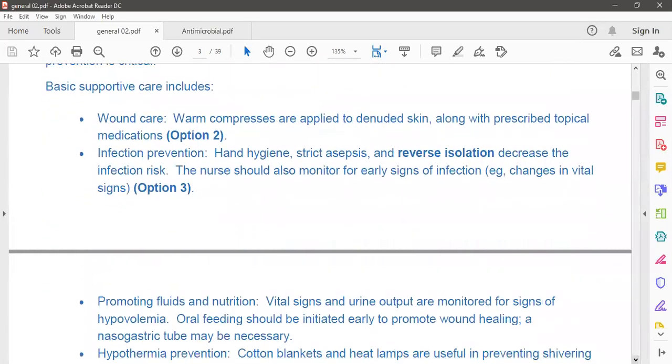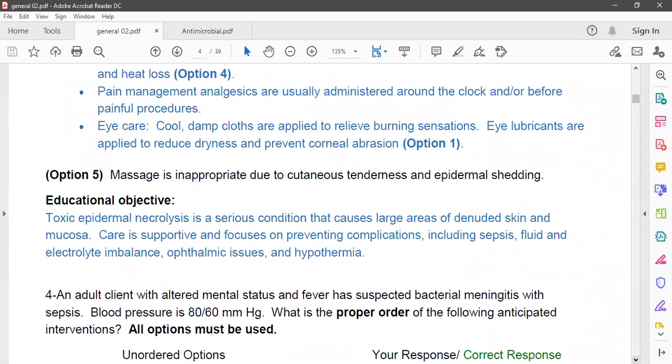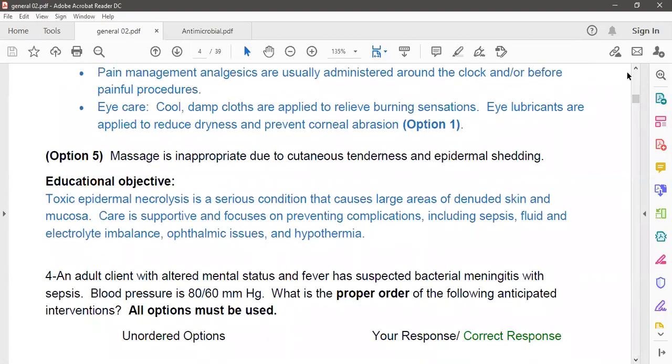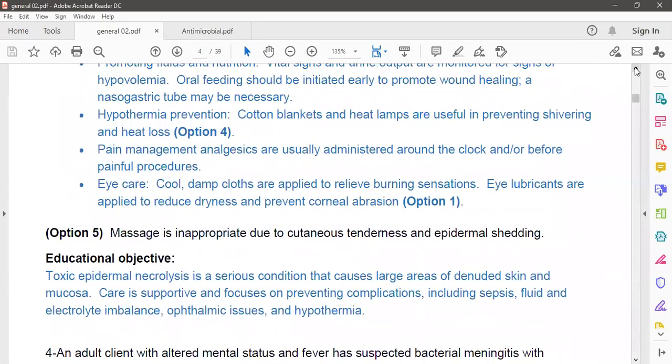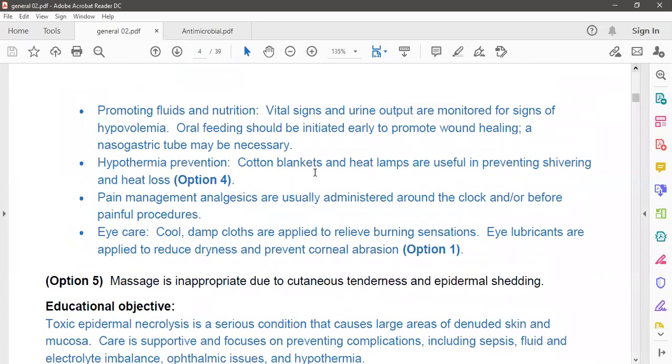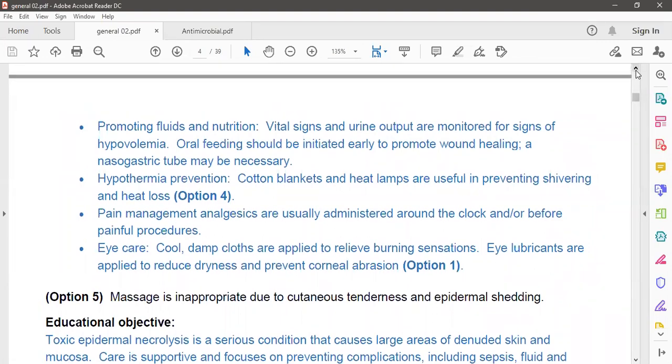This is the reason we take care of the skin and give them some eye ointment. So eye care is important. Cool, damp cloths are applied to relieve the burning sensation. Eye lubricant is applied to reduce dryness and prevent corneal abrasion, right?